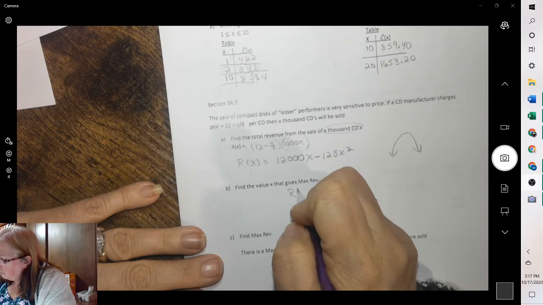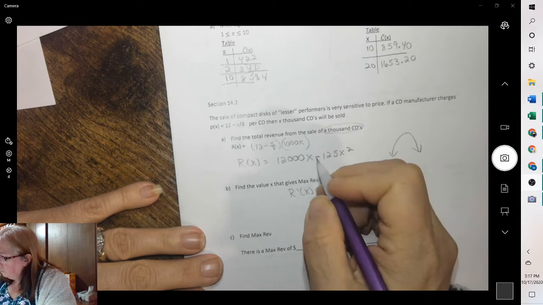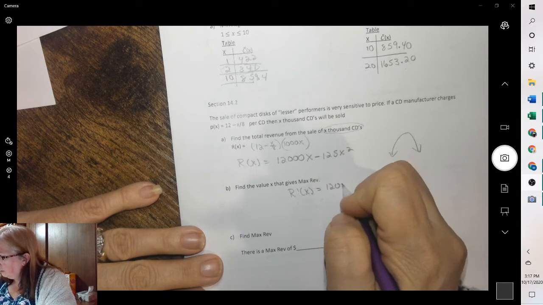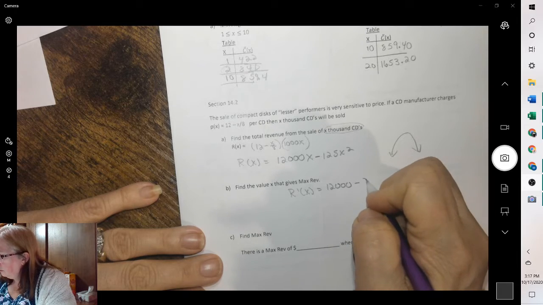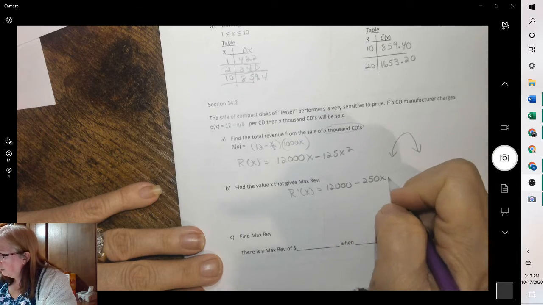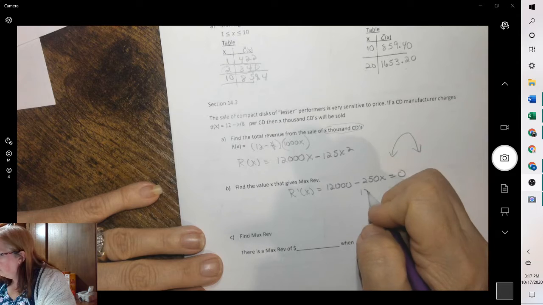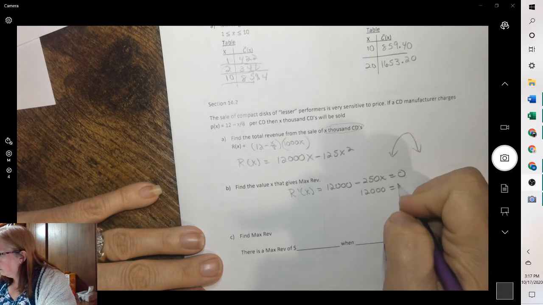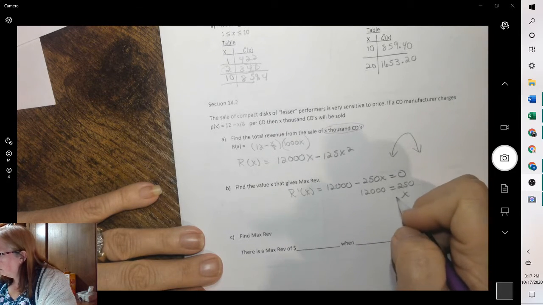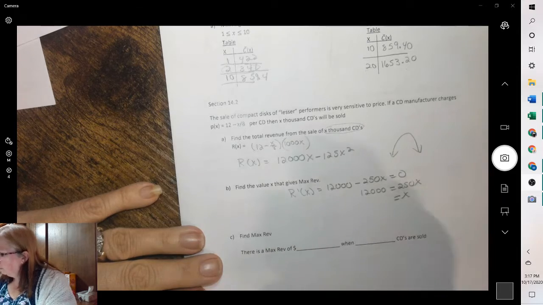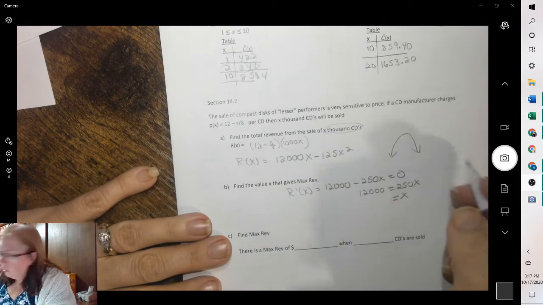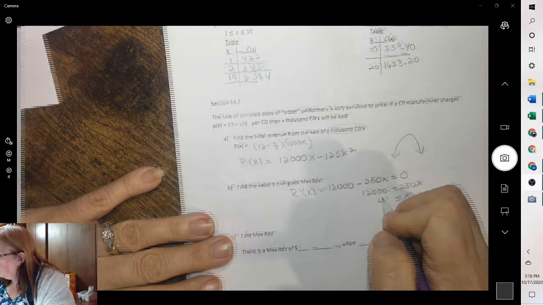Taking the derivative, we get 12,000 minus 250x, setting that equal to 0. We get 12,000 divided by 250 is 48.